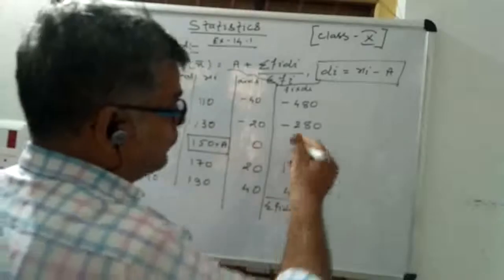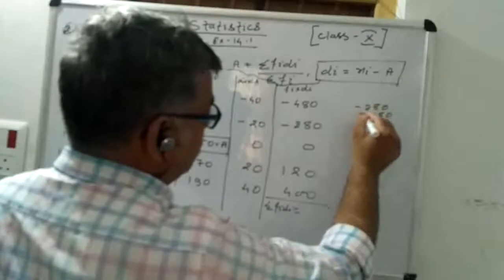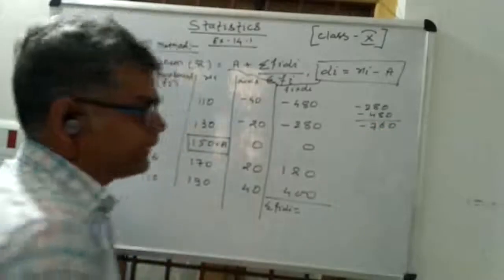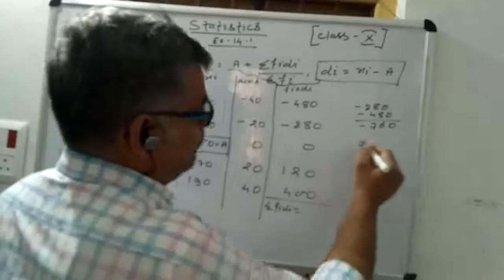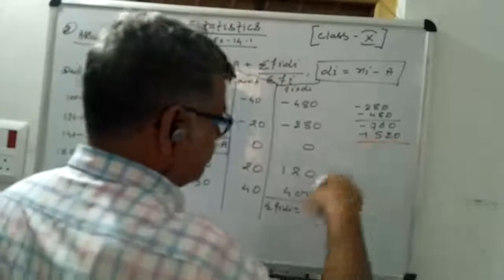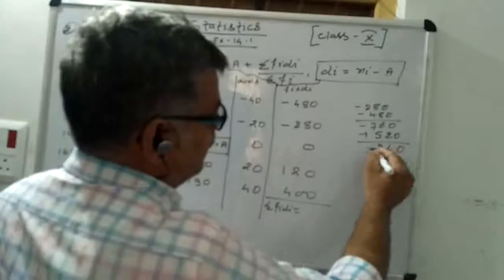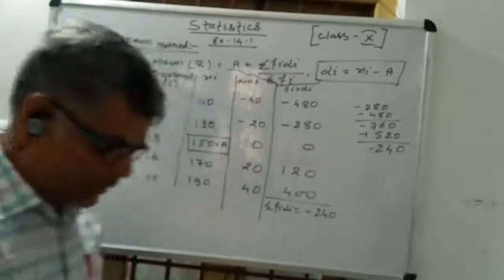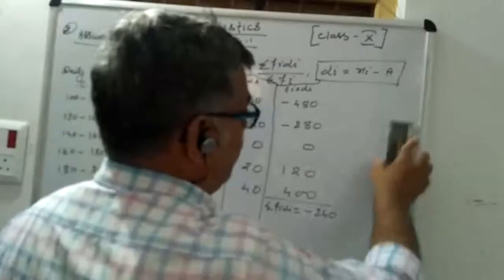Then add the negative ones, 280 plus 480, which is minus 760. Subtracting, 760 minus 520 gives 240, so the sum of fi di is minus 240. This is the value of sigma fi di.